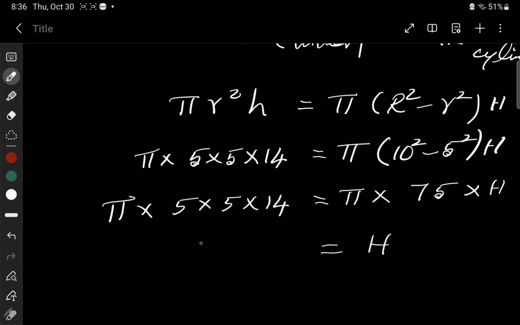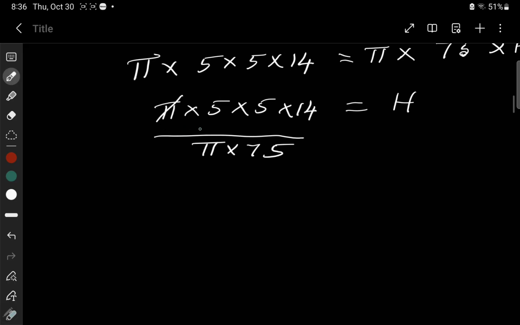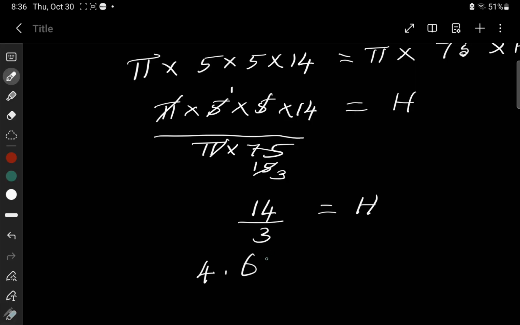So I bring these two numbers to the left side. Pi into 5 into 14 divided by pi into 75. So pi gets cancelled. 5 here it goes: 5 ones are 5, 5 threes are 15. So 14 by 3 is our H. 3 fours are 12, then remainder 2, carry over, 6 threes are 18, then 2 7. 4.67 meter.